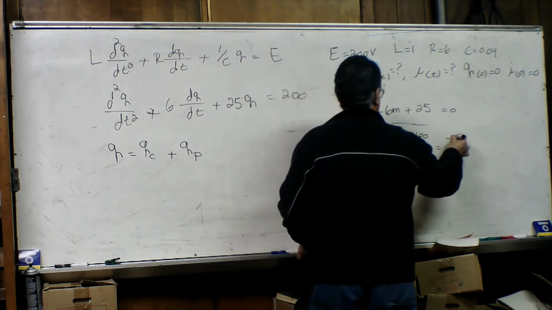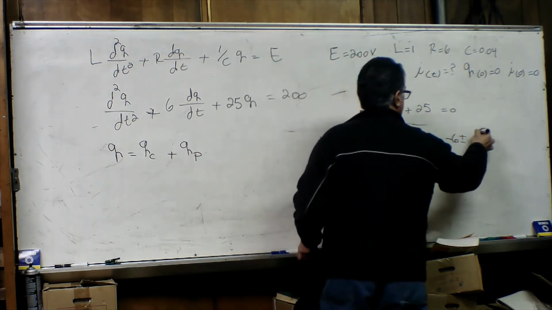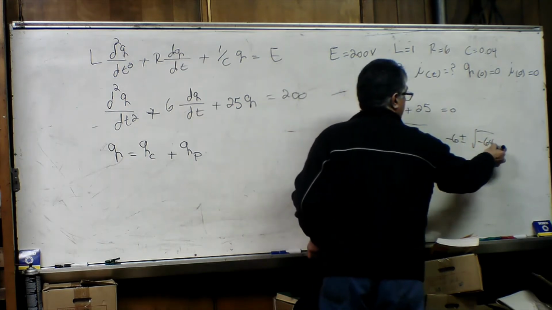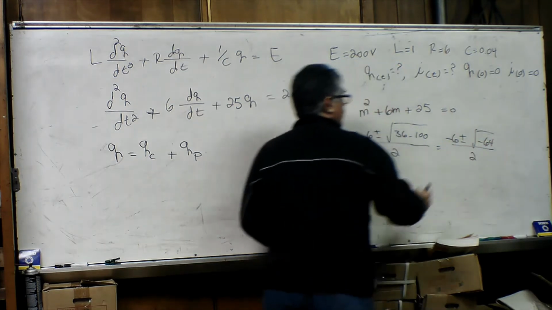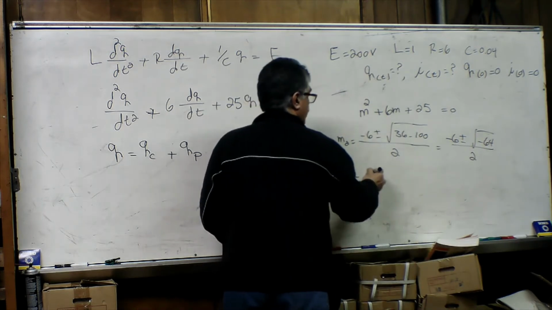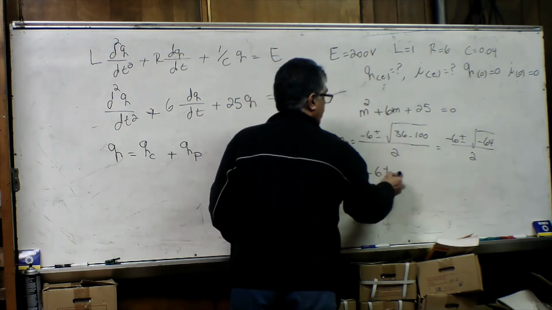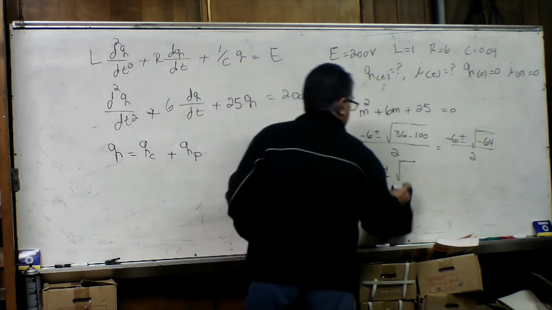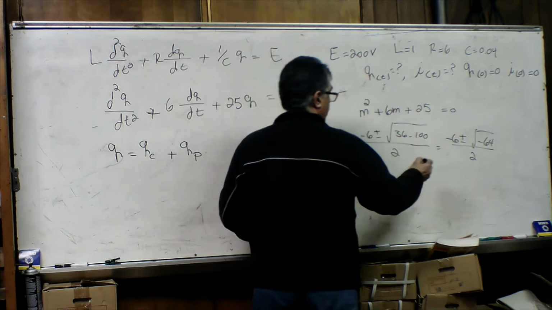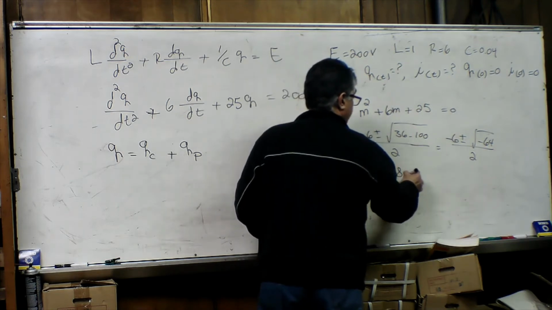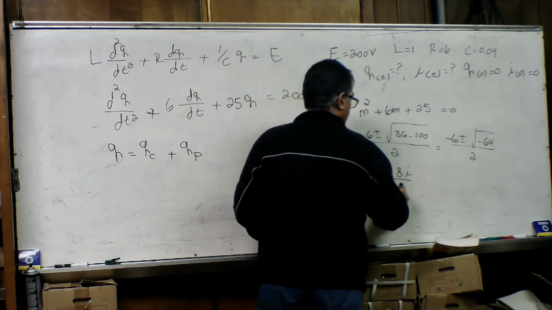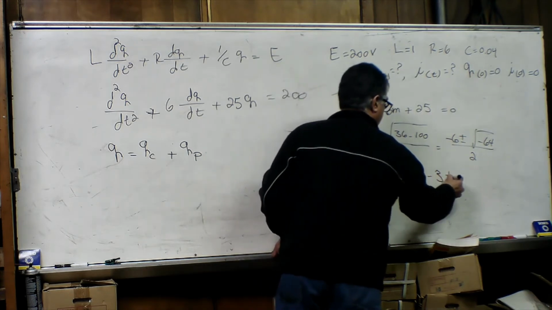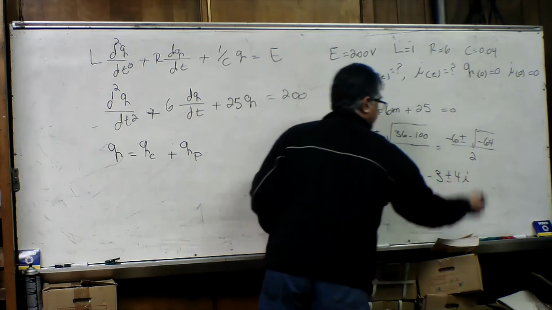So this will be minus 6 plus or minus the square root of minus 64 divided by 2. So this will be equal to minus 6 plus or minus 8i divided by 2. So this is minus 3 plus or minus 4i.